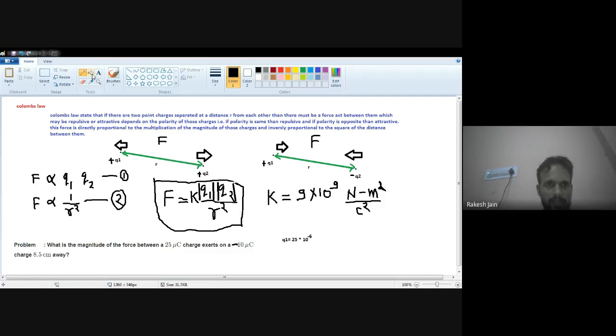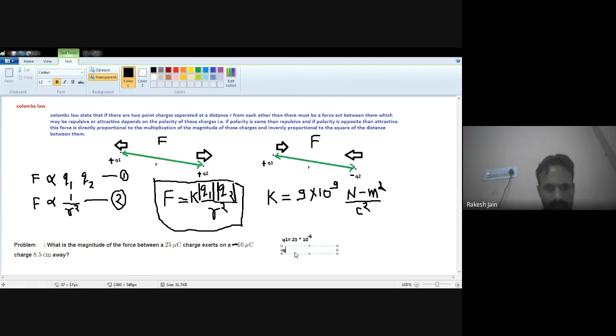Remember this thing. Q1 is 25 multiplied by 10 to power minus 6 and Q2, see very carefully, because I write down Q2 instead of the magnitude of Q2, I write down the polarity also. So Q2 is equal to minus 10 multiplied by 10 to power minus 6, because microcoulomb is given.